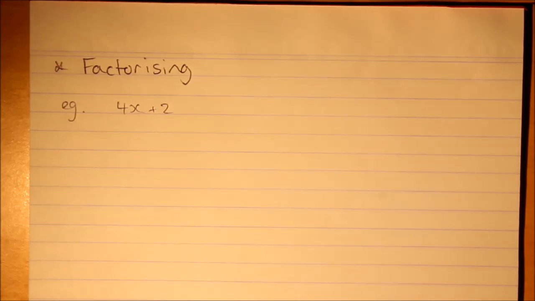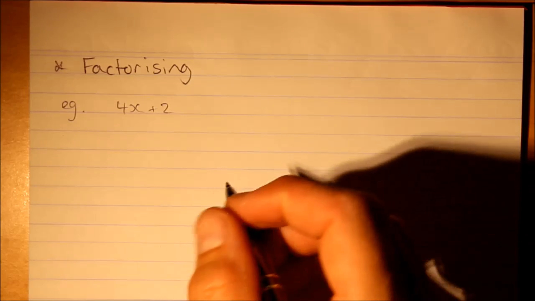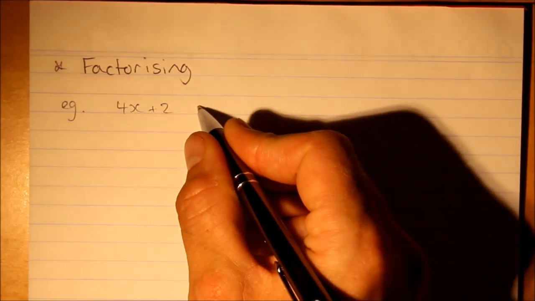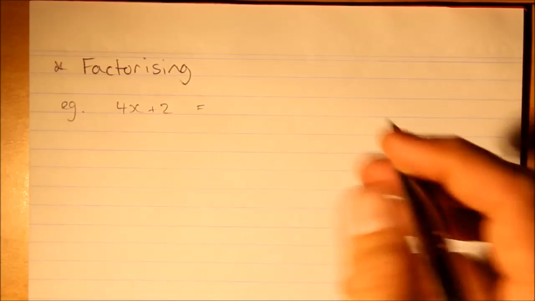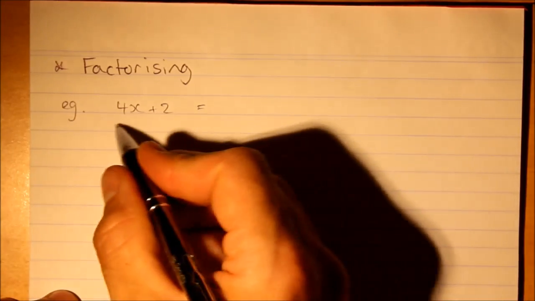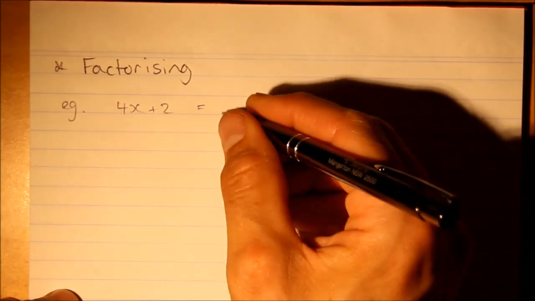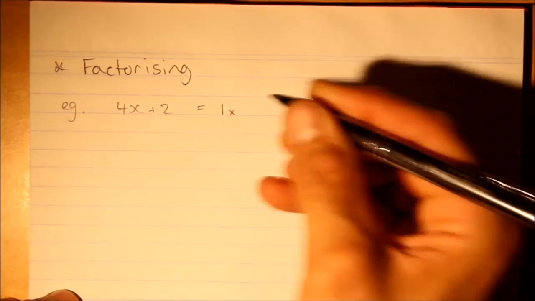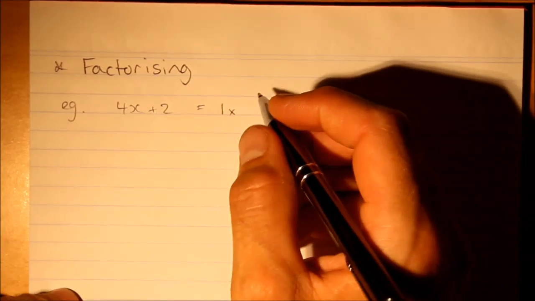4x plus 2. Well, when we're factorising, what I like to do is to break the numbers up into factor form, and it seems a little bit excessive at first, but there's a good reason.